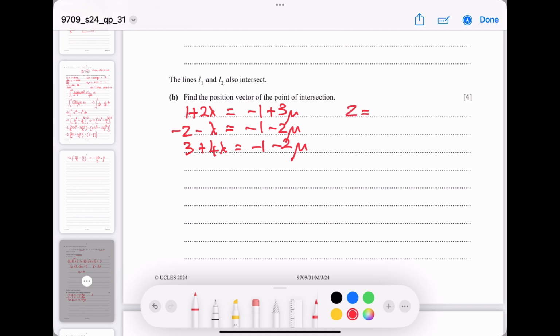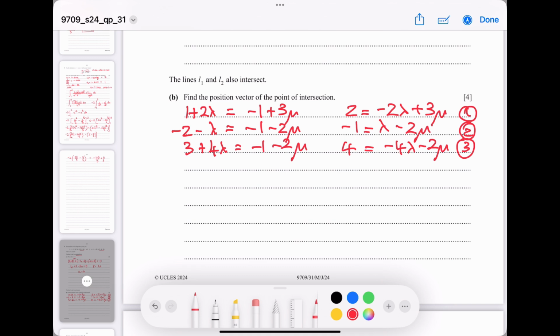So that's 2 is equal to negative 2 plus 3. Negative 1 is that. And 4 is equal to negative 4. So I've then got 3 equations. So essentially what I need to do is to solve simultaneously.